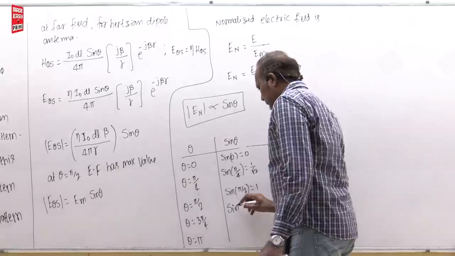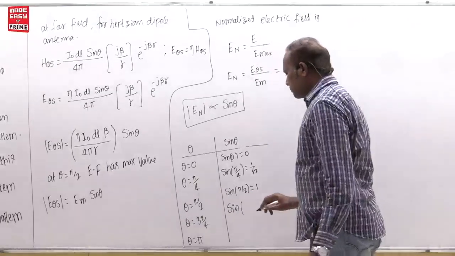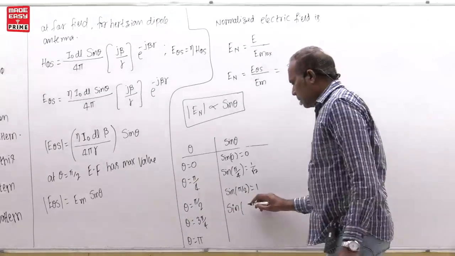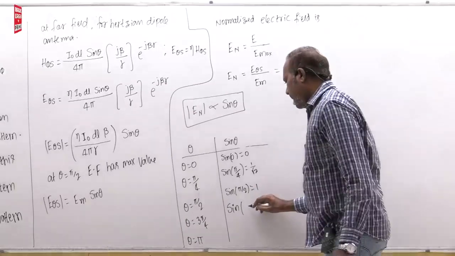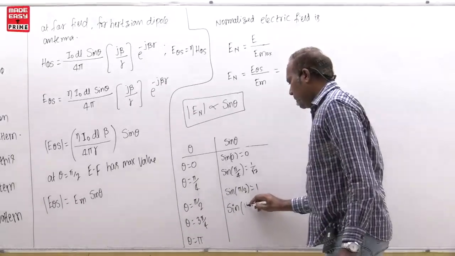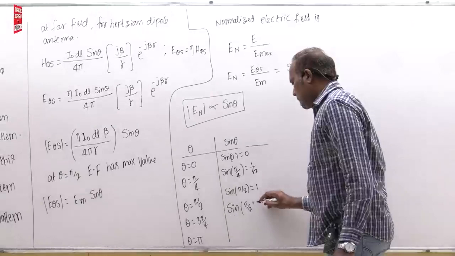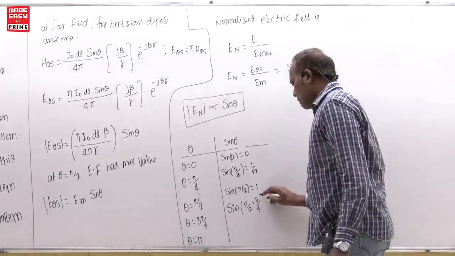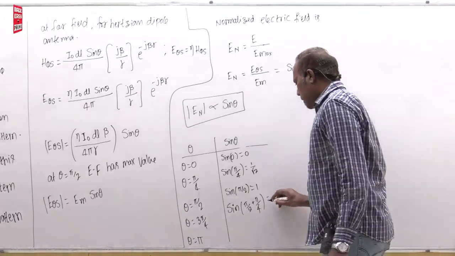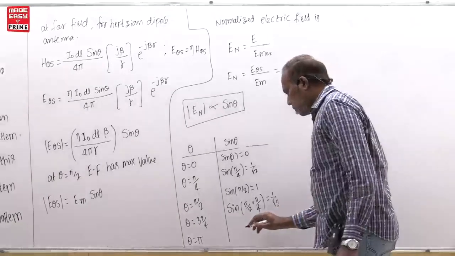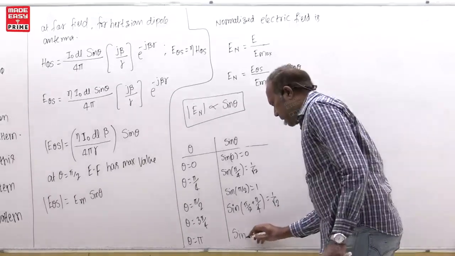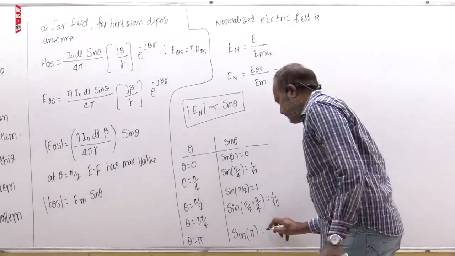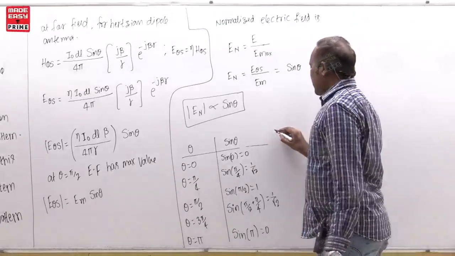Sin of 3 pi by 4, so this is nothing but pi by 2 plus pi by 4. Sine is positive in the second quadrant, so once again it is 1 by root 2. Then sin pi is 0 actually. Now it is very simple.